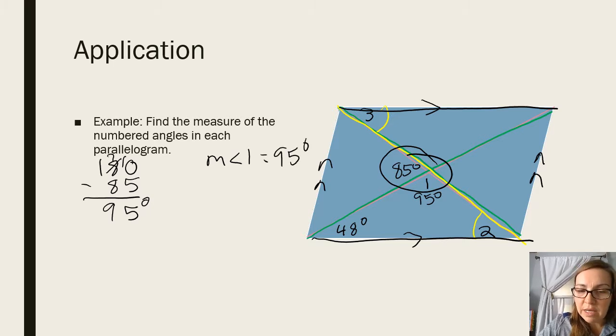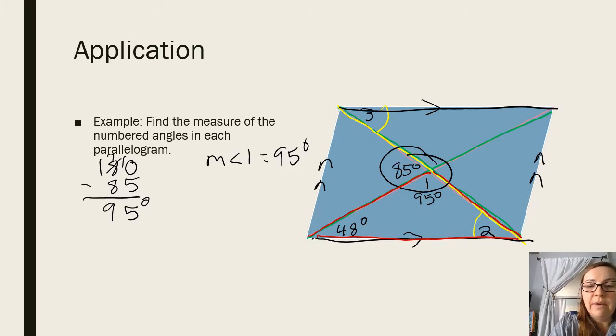Now, right here, we have a triangle. And what do we know about all the angles in a triangle? They add to 180. So we can take this 95, add the 48, and then subtract that value from 180.